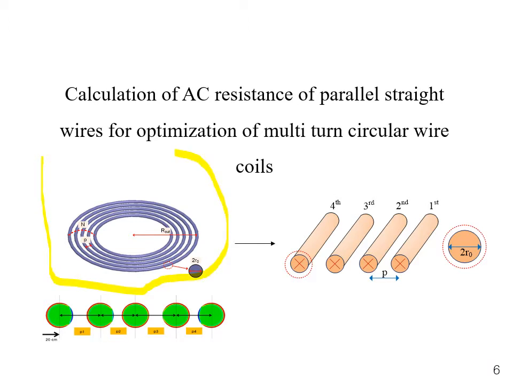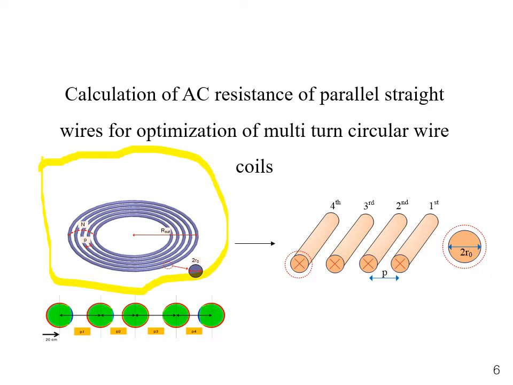Here is a multi-turn wire coil. To optimize the coil of a multi-turn circular wire coil with minimum resistance, considering the skin and proximity effect, we considered first parallel straight wire conductors.